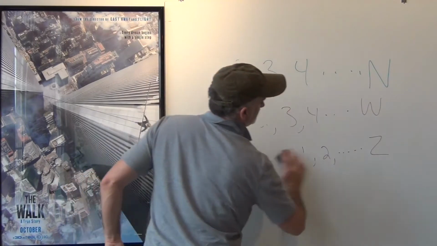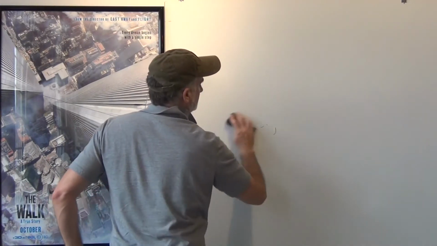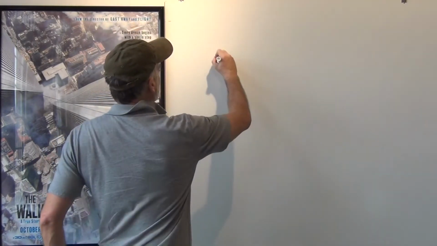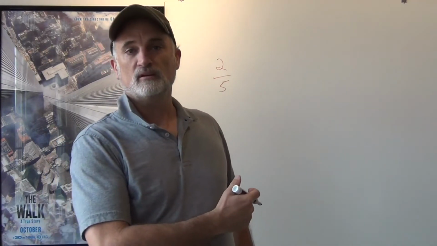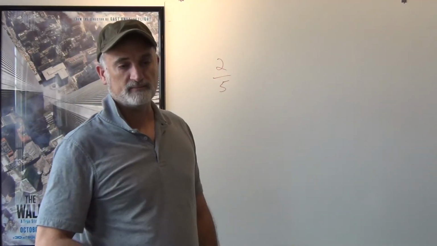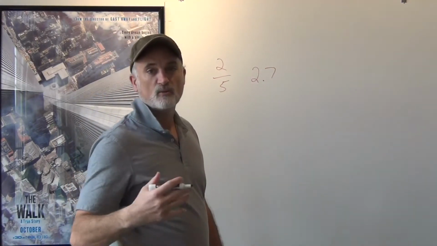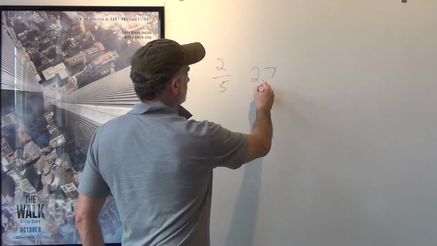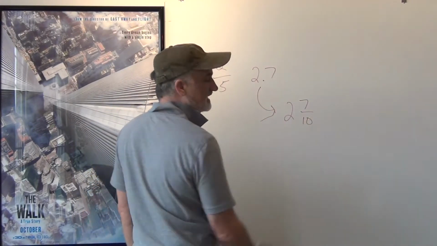So the next number system set we need to look at, we're going to be talking about rational numbers. Now there's rational and irrational, so let's go through this now, okay? So 2/5 is a fraction. It's also called a rational number, okay? Now 2.7 is a rational number because we can turn that into 27/10.